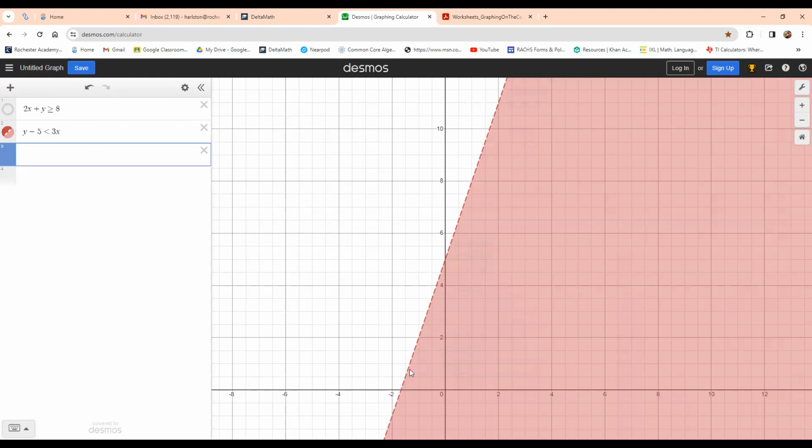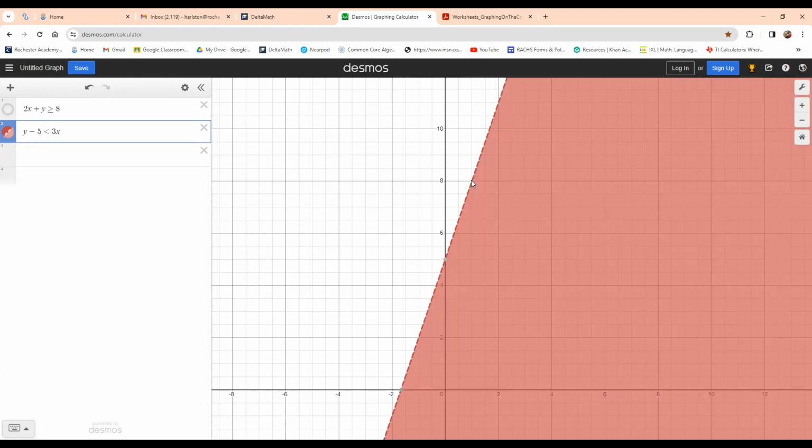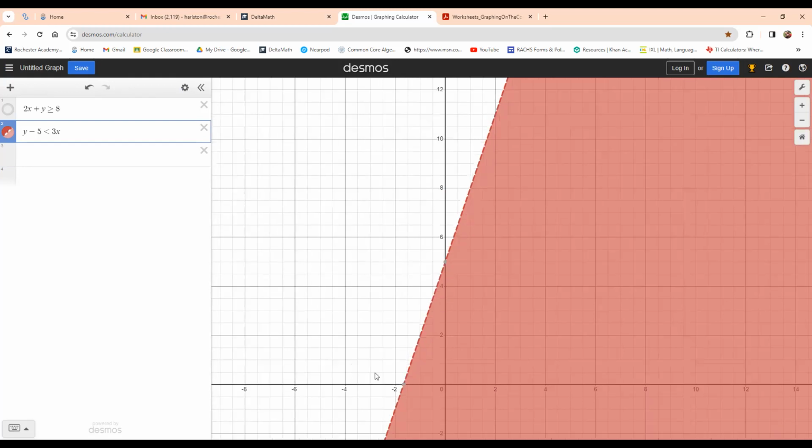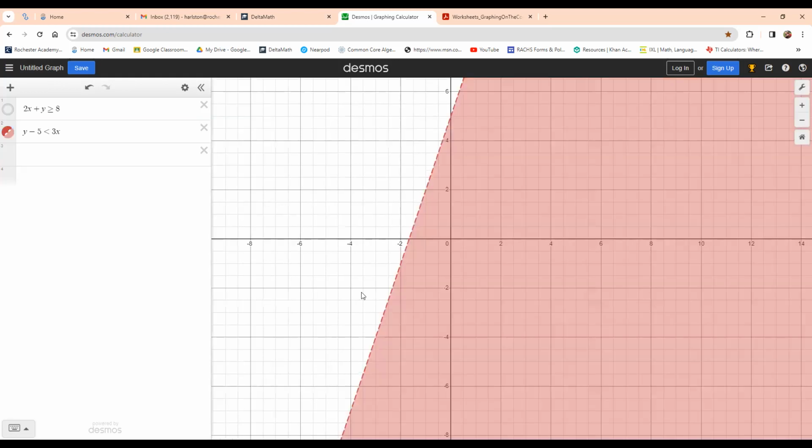Let's see, here's one, nope. Oh, here's one, 0, 5. Now this one is a decimal, so I don't want that one. I want another one, is this a good one? I'm looking for something that has, this one looks good. Can I click on this?